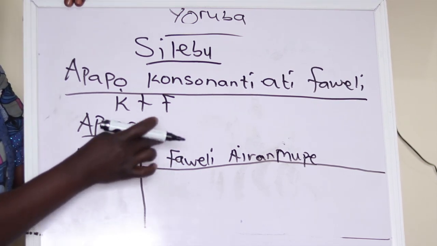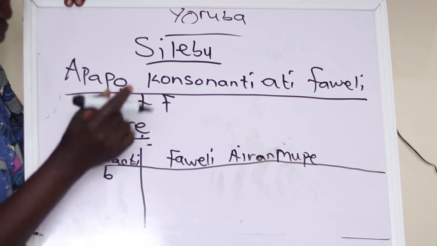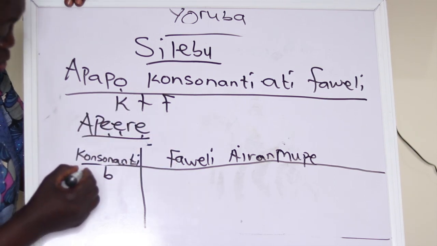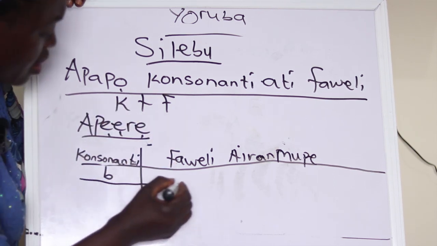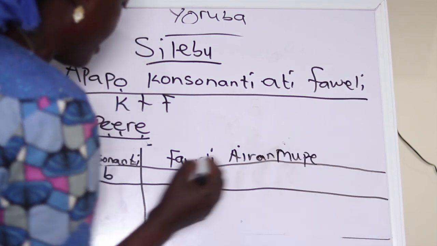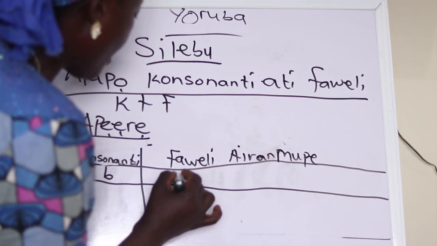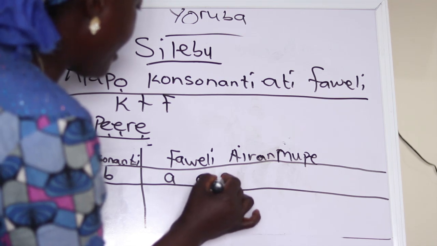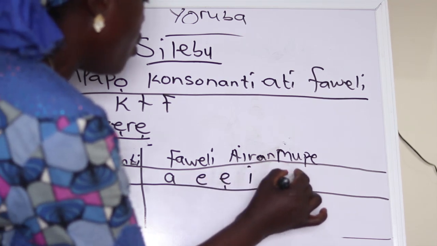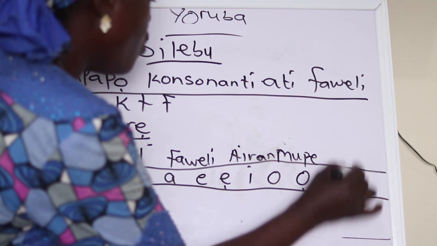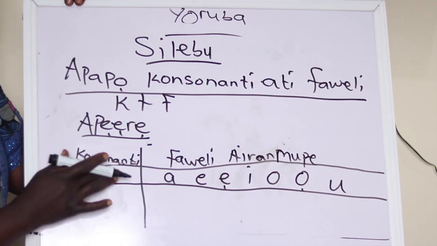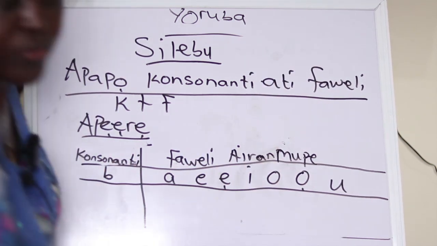Can you see that I've already written faweli now? So look at it. So I want to make a line like this again. Let me write this one. E, I, O, U. There are 7. I want to clean this one.